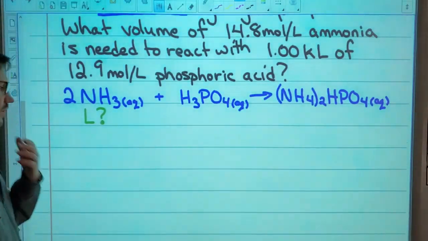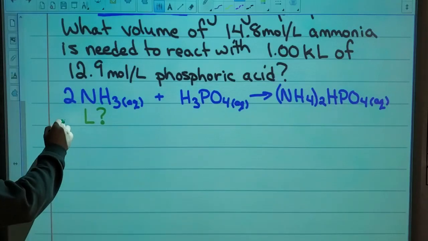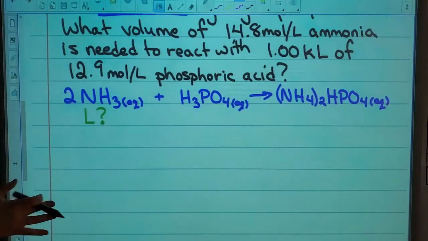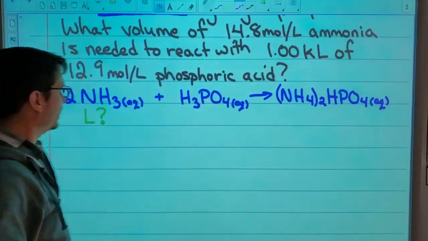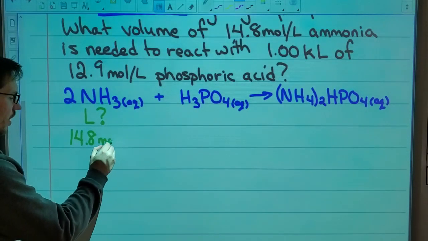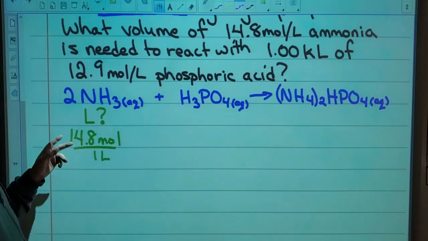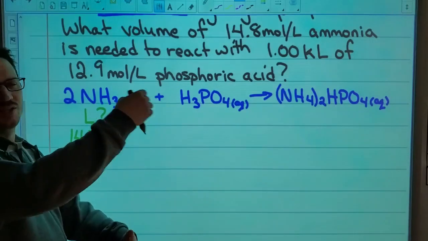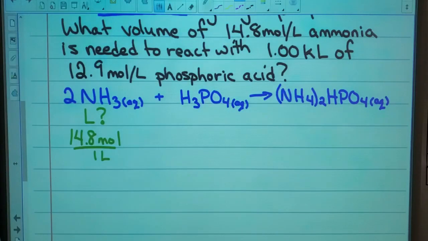So you can either say liters or milliliters, and we can deal with that a little bit later. And then it says 14.8 moles per liter ammonia. Okay, no problem. 14.8 moles per 1 liter. That's the way I like to write it, because that's the way we always write fractions as top and bottom in our unit analysis, but it's up to you.